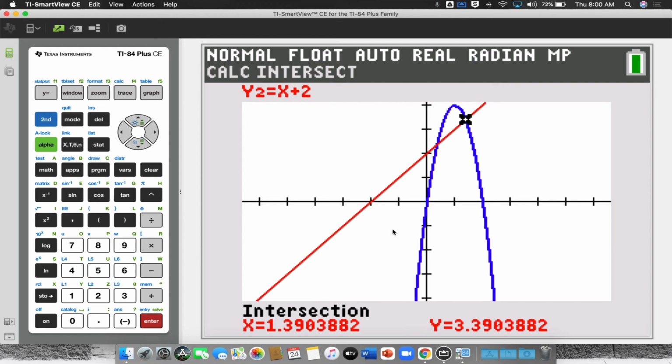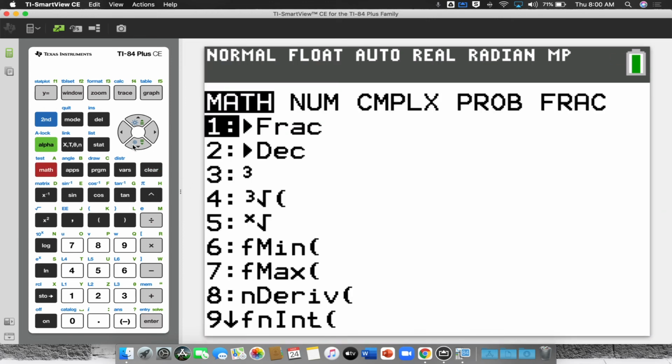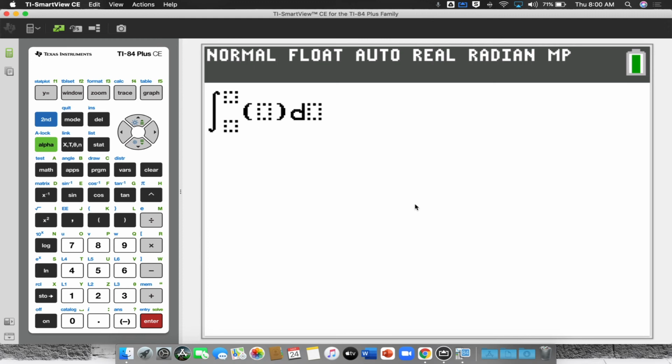Okay. Once you have the bounds, plug the rest into the calculator. Once you plug the rest into the calculator, you'll get the actual area. We don't have to do antiderivative because it's a calculator question. Math, integral.